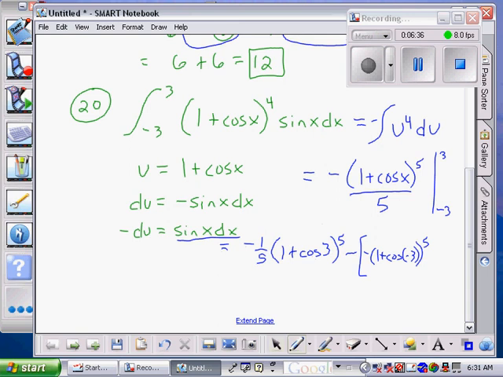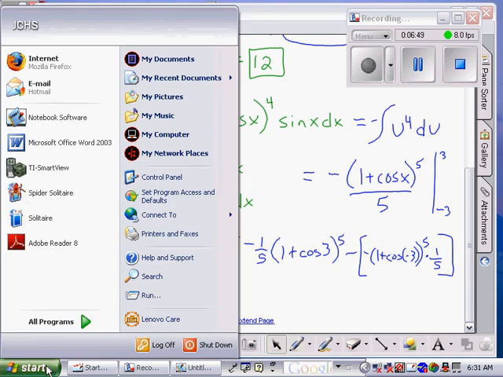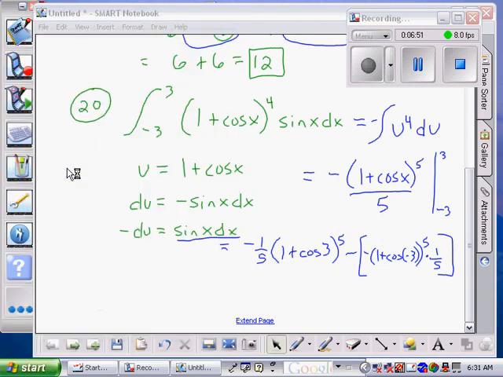I forgot my 1/5 out there. You could make that a plus with the 2 minuses, or you can type it in as is. Get my calculator up while you all are typing that in.